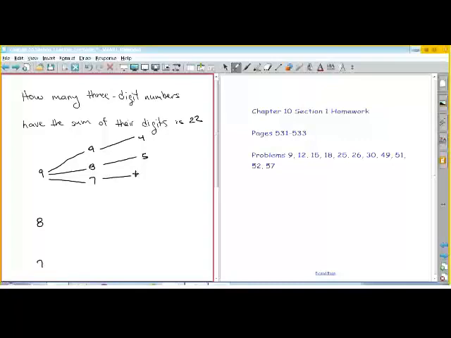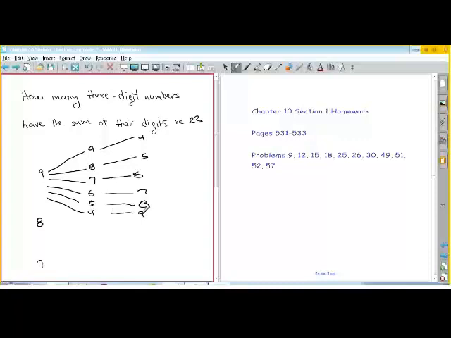So I can use that pattern to figure out how to do this. As I keep decreasing this one, I have to keep increasing that one, and I can do that until I get too big. I can only go so big.